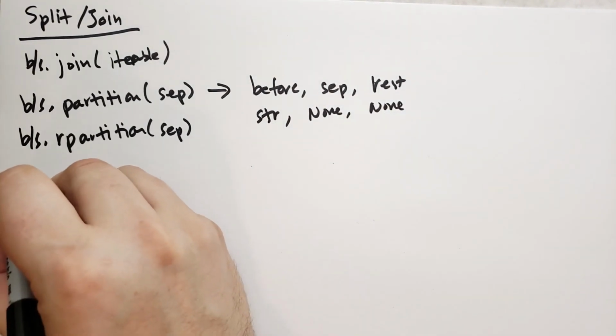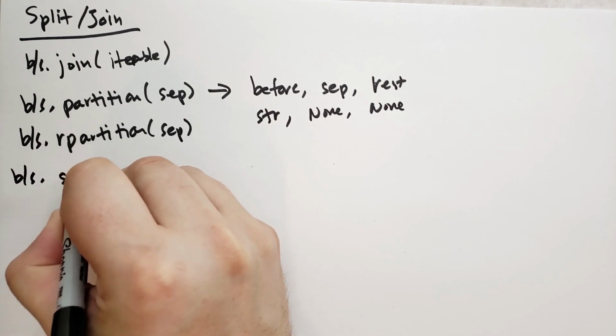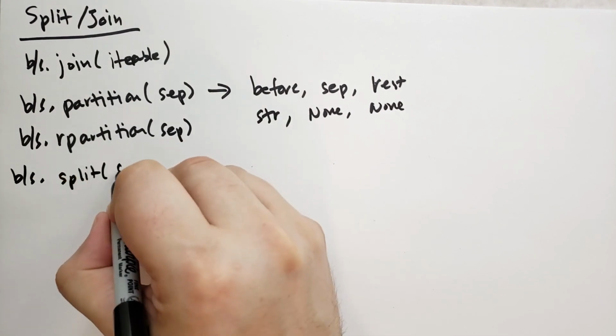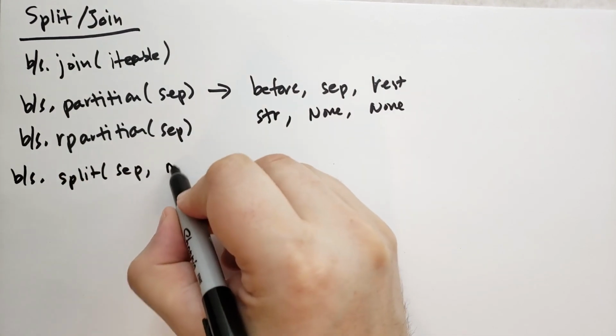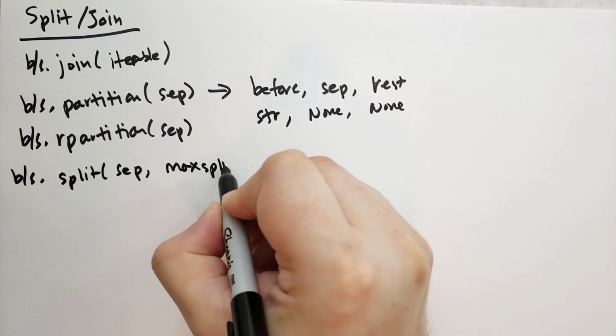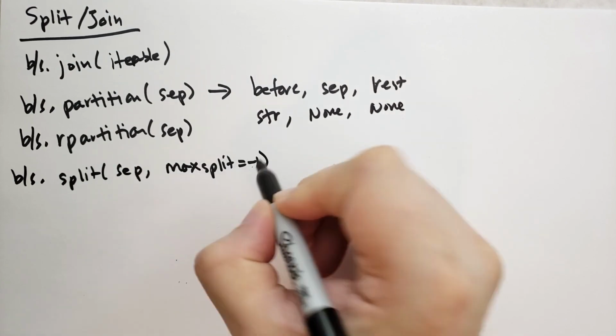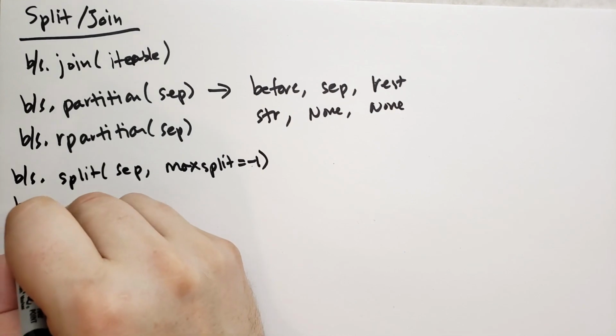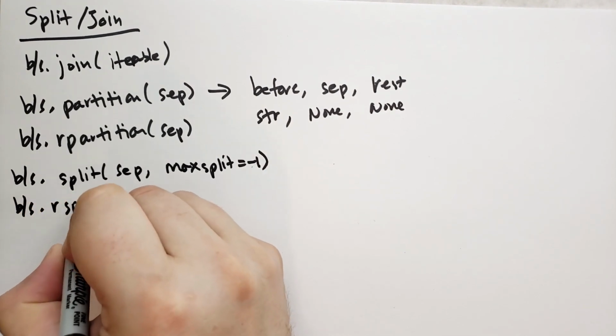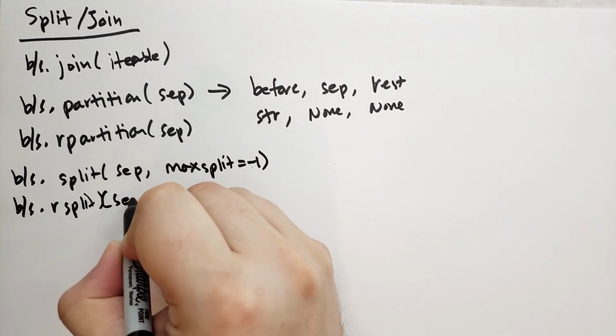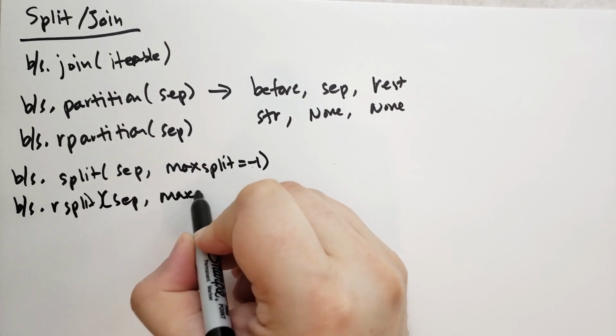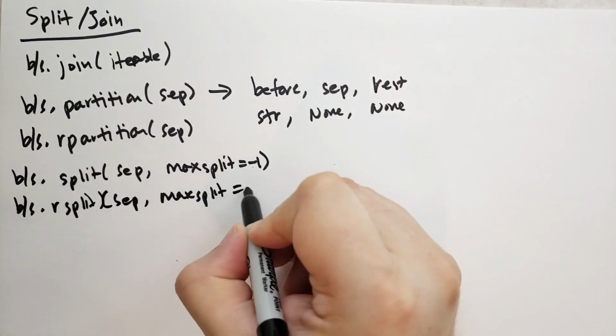There's also split. You can have a separator, and you can optionally have a max split. I think this defaults to -1. And there's also rsplit: sep, maxsplit equals -1.